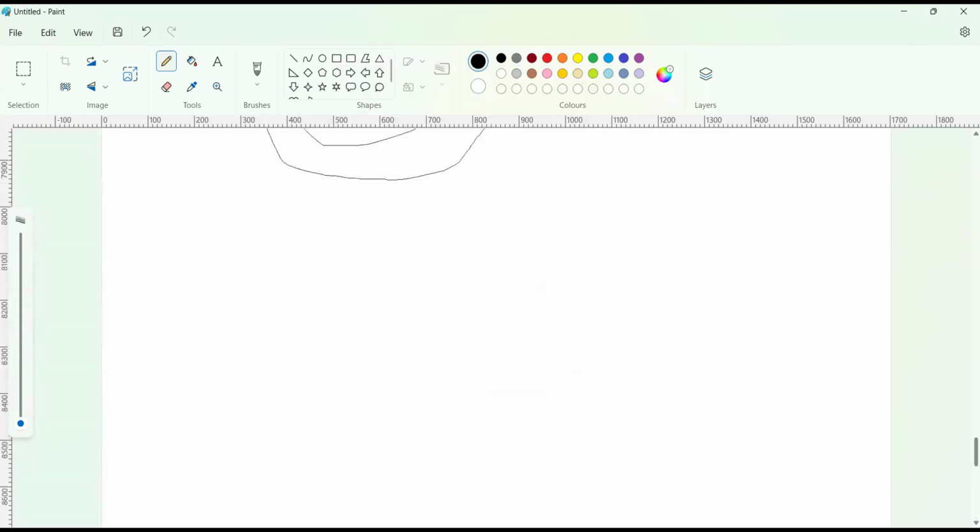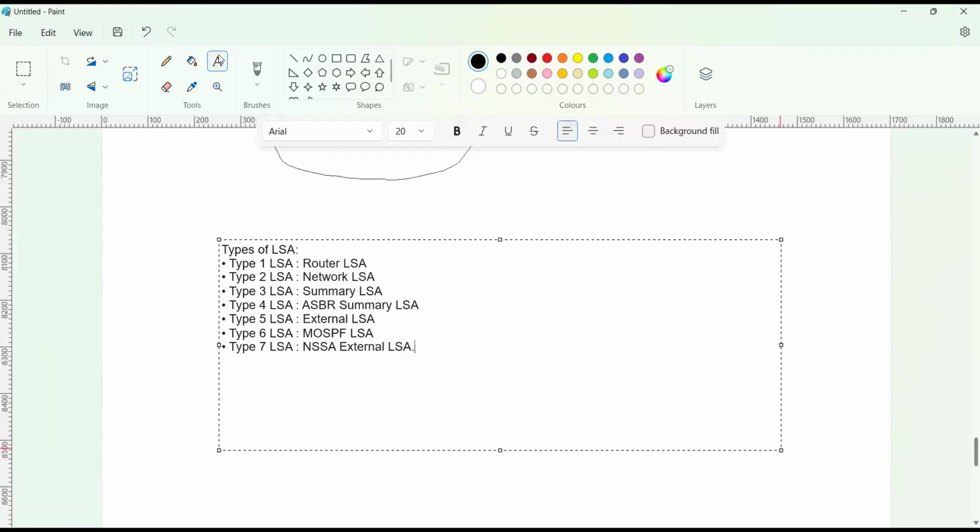And here we have the LSA types. Once we finish the types of LSAs, we'll move to the lab. Type 1, type 2, type 3, type 4, type 5, type 6, type 7, type 8, type 9, type 11 also exist, but we are not using those.